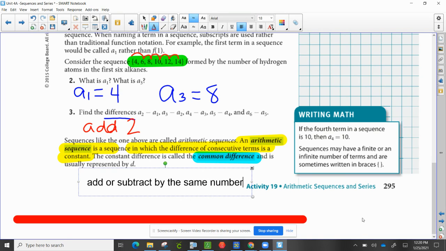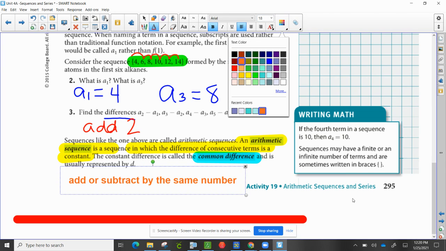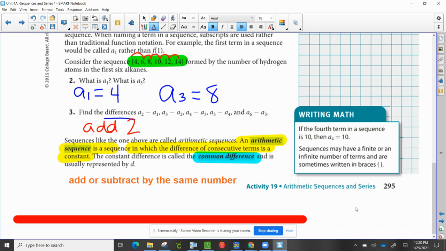Sequences have patterns, so what makes an arithmetic sequence special is we're adding or subtracting by the same value. That number that we're adding or subtracting by is our common difference. In the sequence above, our common difference would be 2, because that's what we're adding every time. We usually abbreviate the common difference with D, D equals.